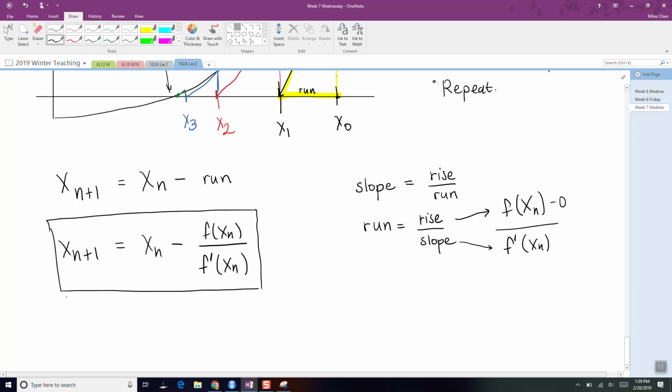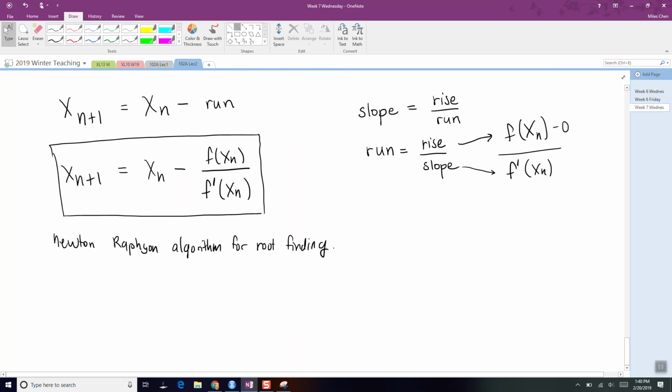So this is the Newton-Raphson method for root finding. And it requires that we know the derivative of f, okay?